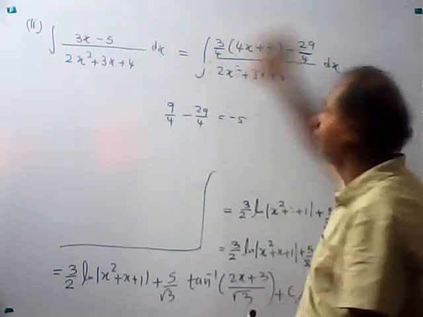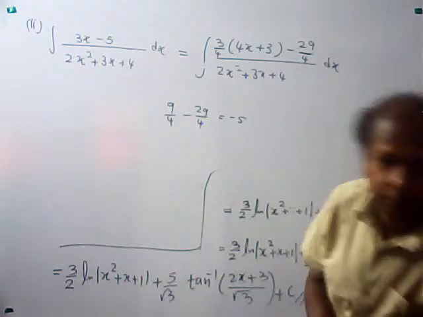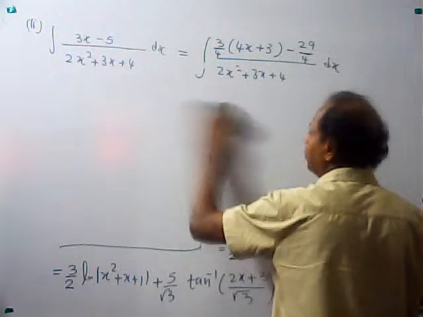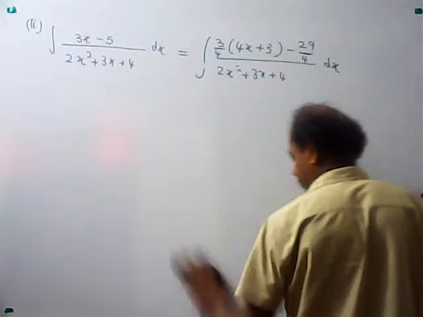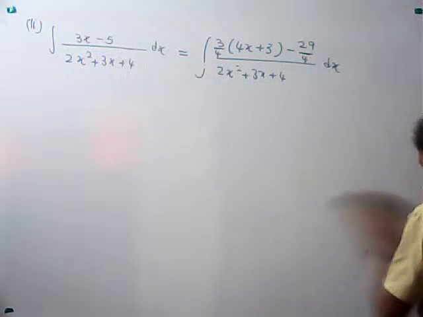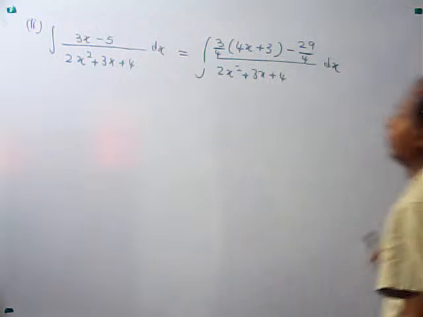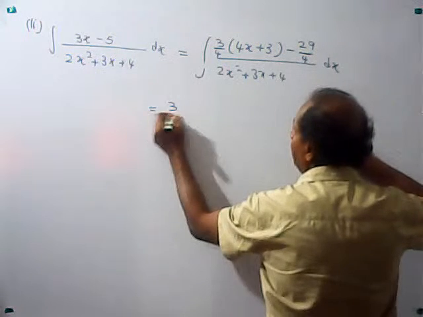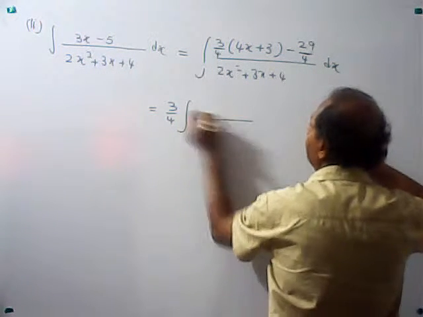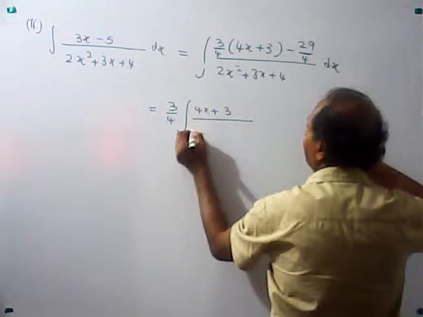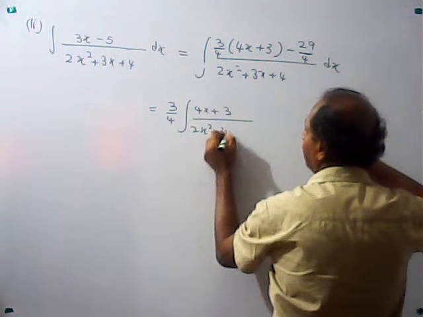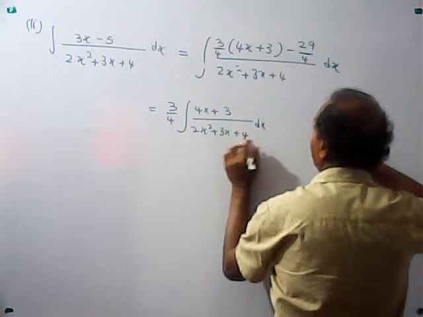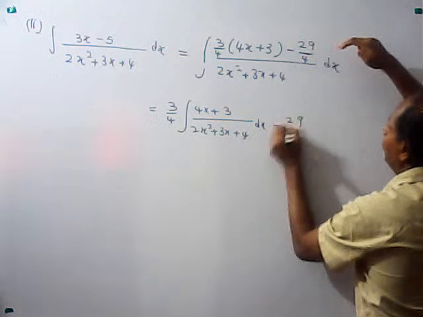This part separately and this part separately. 3 over 4 will be taken out at the same time. Minus 29 over 4 will be taken out.